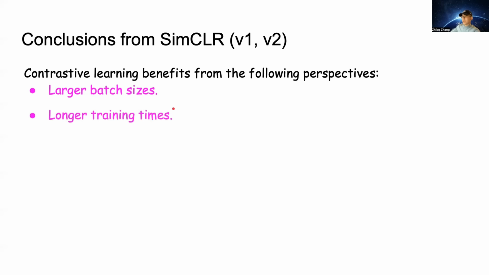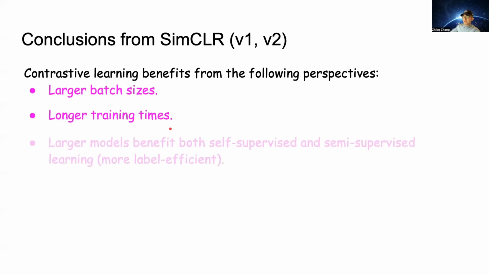And the second point is that it involves longer training times if you want to improve the performance of contrastive learning. And again, this means that more computation actually helps. Third point, larger models.